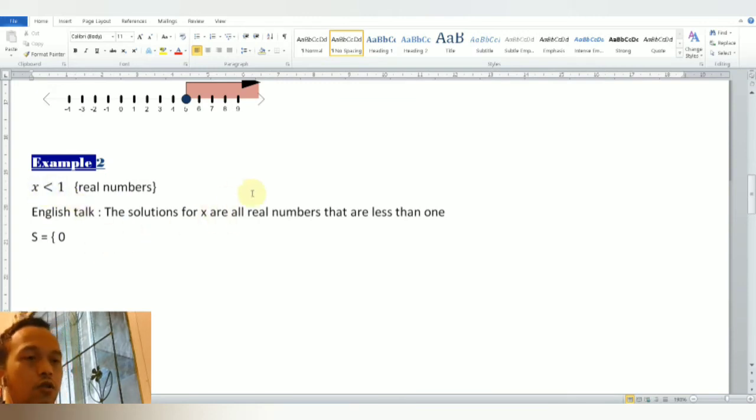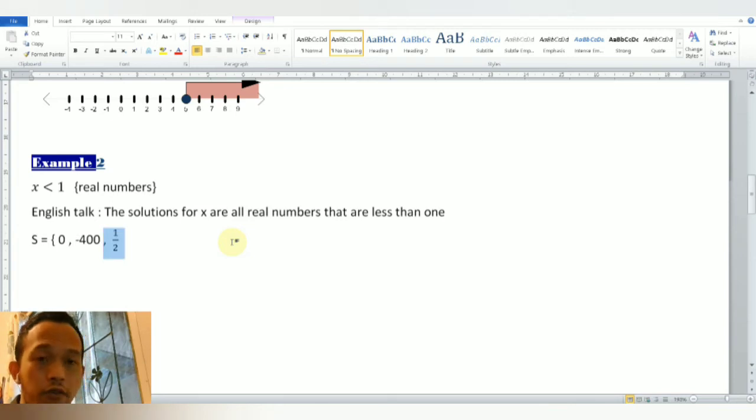So since 1 is not included, I begin with 0, and then I will have other solutions, which is negative 400. Yes, negative 400 is less than 1, and it is a real number. We have another candidate, 0.5. It is less than 1, and it is a real number. Negative 11.33, yeah, it's the same.